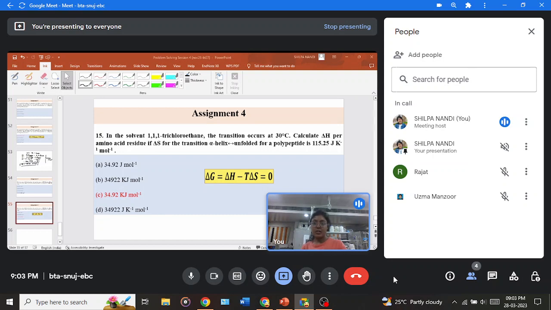So if we solve this, delta H will become equal to T delta S; T delta S will go on the other side and become positive. So you can easily find the change in enthalpy, as you have been given the value of T and delta S. For T, you must convert the centigrade value into Kelvin units.